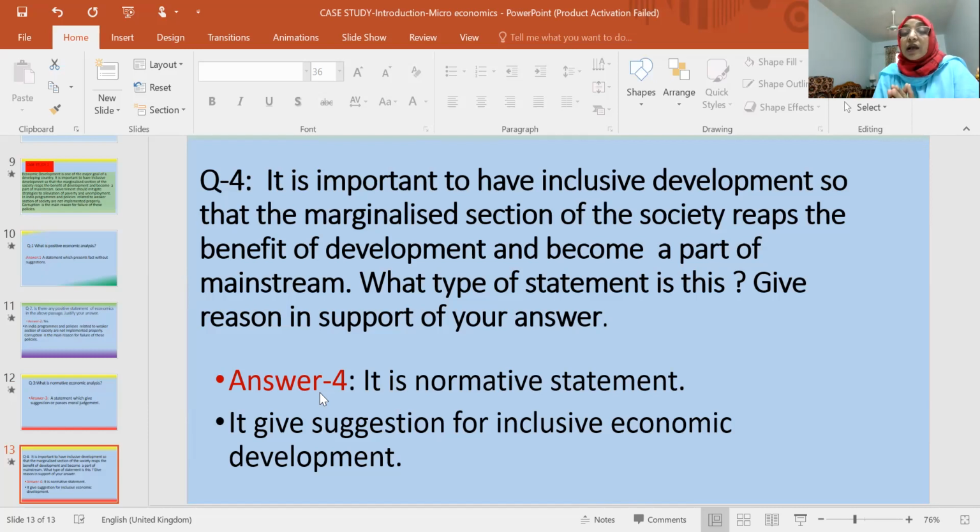It is important that the government should have inclusive development so that the benefit of development should be reaped by the marginalized section of the society. So this is a normative statement because it is giving suggestion or idea.